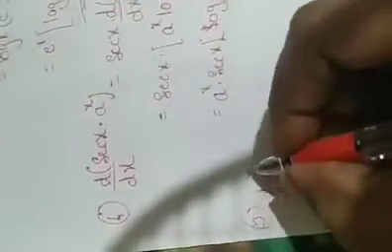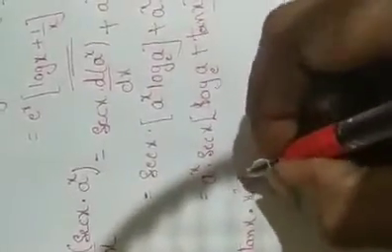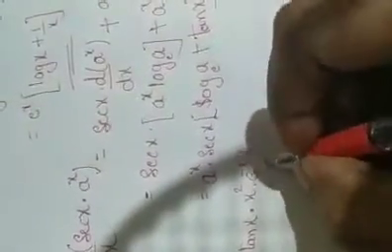If they give three functions, d by dx of tan x into x square into e raised to minus x.